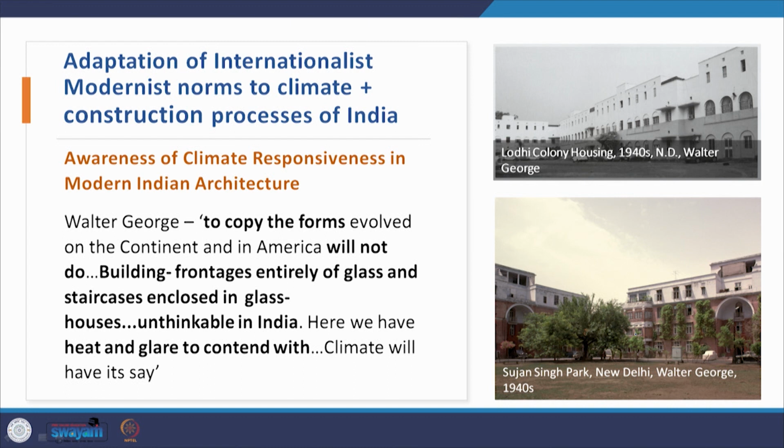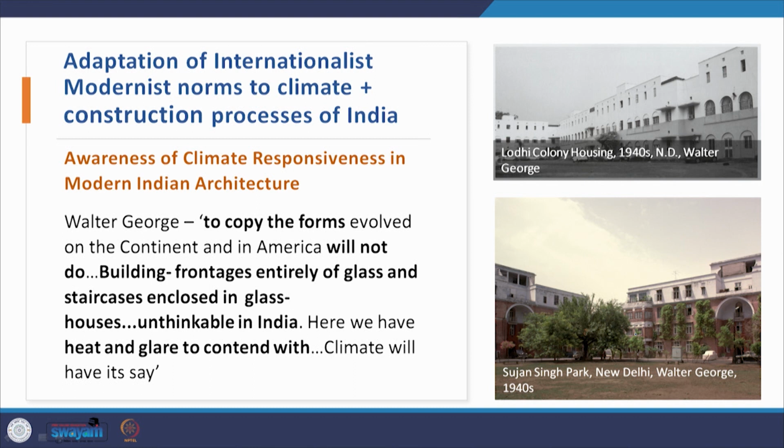And what he said was, and this sounds so contemporary when you read his words, he says, "To copy the forms evolved on the continent and in America will not do. Building frontages entirely of glass and staircases enclosed in glass houses are unthinkable in India. Here we have heat and glare to contend with, climate will have its say."